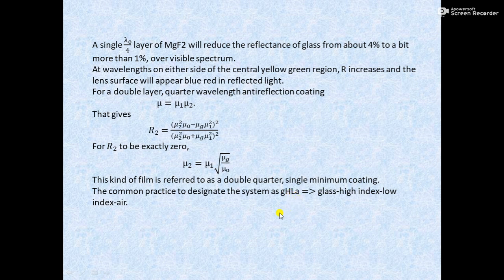For high index layers, zirconium oxide mu equal to 2.1, titanium dioxide mu equal to 2.4, and zinc sulfide mu equal to 2.32 are commonly used, and for L layers, magnesium fluoride with mu equal to 1.38, and cerium fluoride with mu equal to 1.63 often serve as L layers.